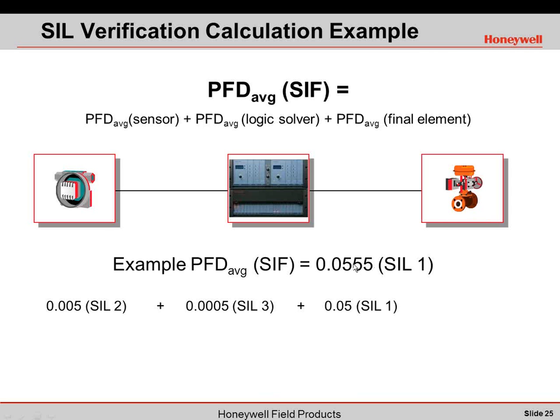Now the risk reduction factor is just 1 over the probability of failure on demand.